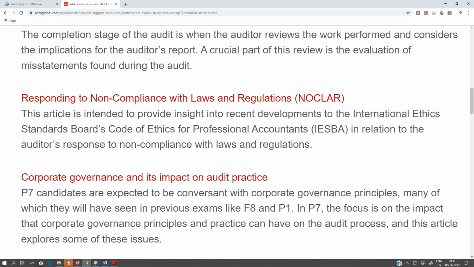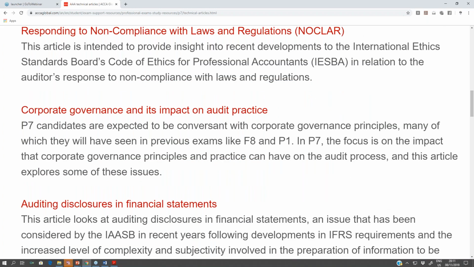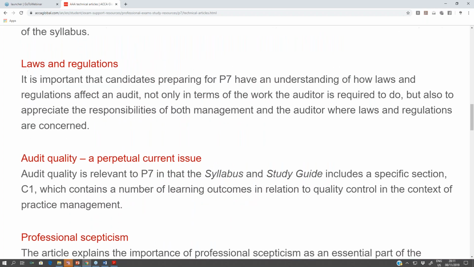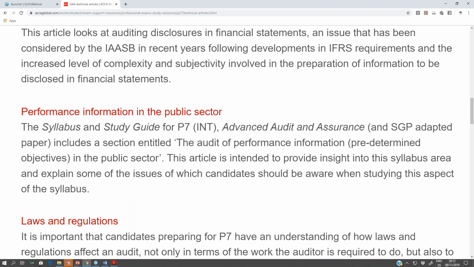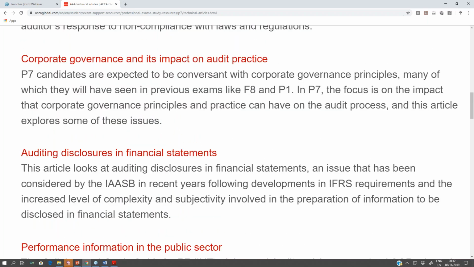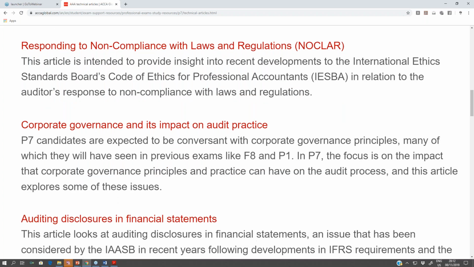And please, just one clarification. There is an article about laws and regulations, which I just recommended to you, which tells you the basic responsibilities for laws and regulations. But I also recommended an article on day 2, which is right here. You can see that in front of your screen now. Responding to non-compliance with laws and regulations. If there is non-compliance, how will the auditor respond to it? So please also do read this article. That article is about the positive side, laws and regulations, and the auditor's responsibility.